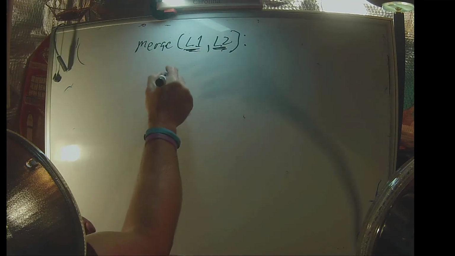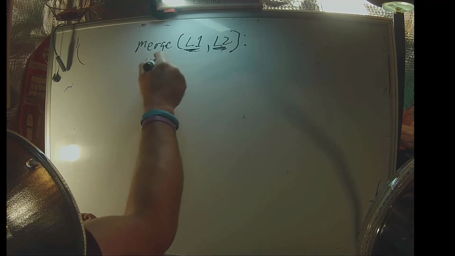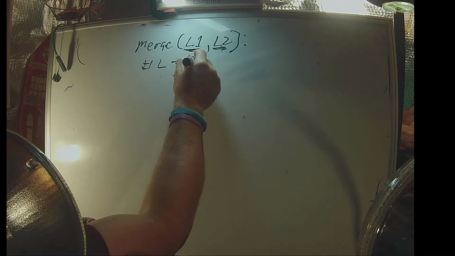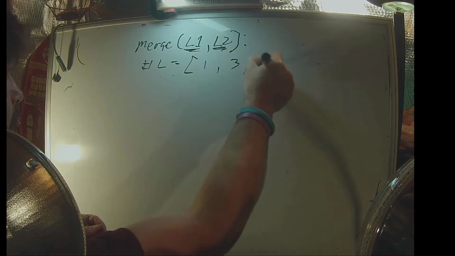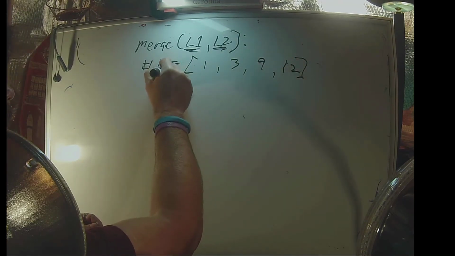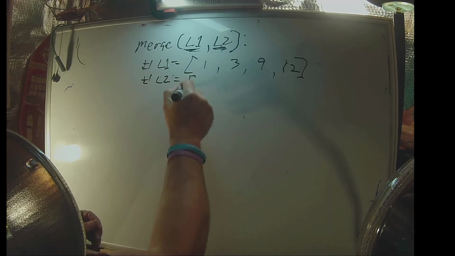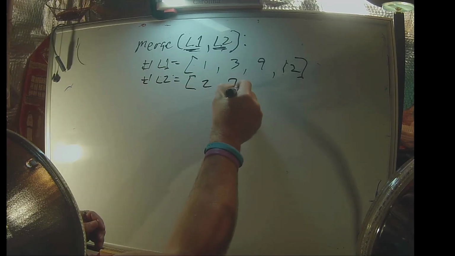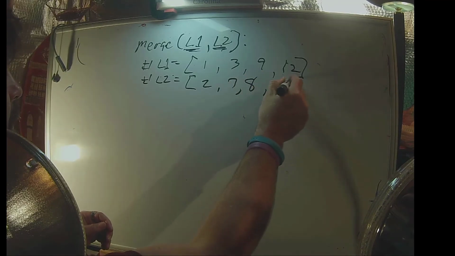So you're talking about the place when we have 2 lists of length 4, for example. Yeah. So we'll have L1 as 1, 3, 9, 12, and L2 would be, let's say, 2, 7, 8, 15.